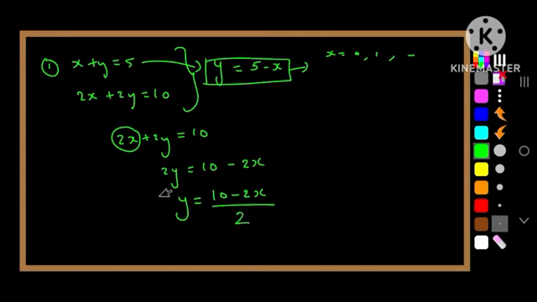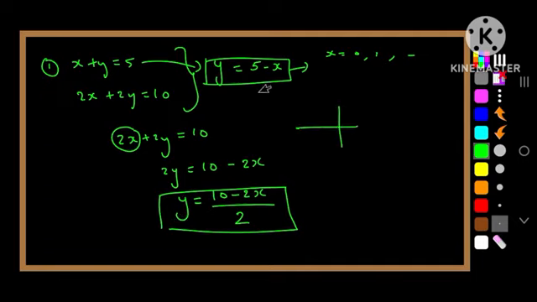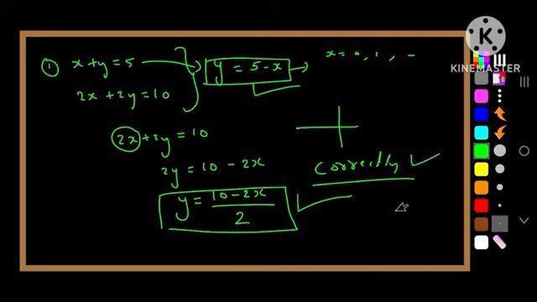So this will be your y equation. So before drawing the graph, you have to find out the y value of both the equations. If you are doing this correctly, then there are 100% chances that your graph will be correct. So this is a very important step.